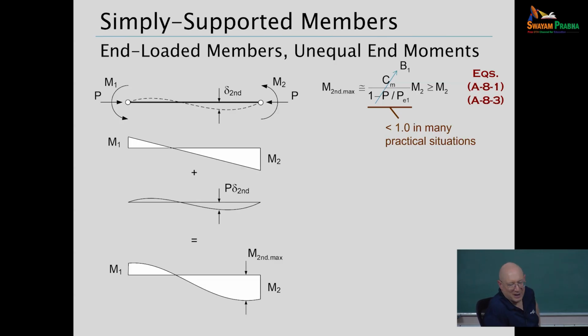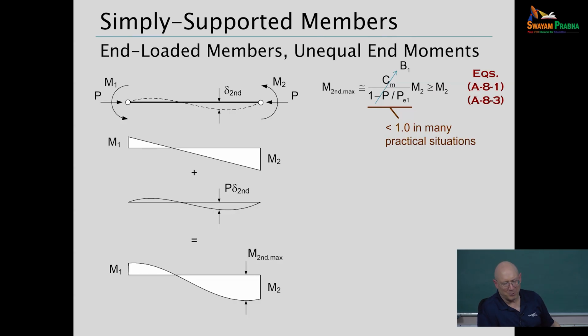Now, one of the nice aspects that practically often happens when we have members like this: generally we would say, oh, we need to calculate an amplification factor to evaluate whether we are getting any larger moments between the ends.